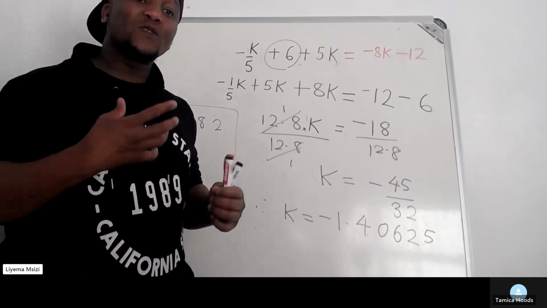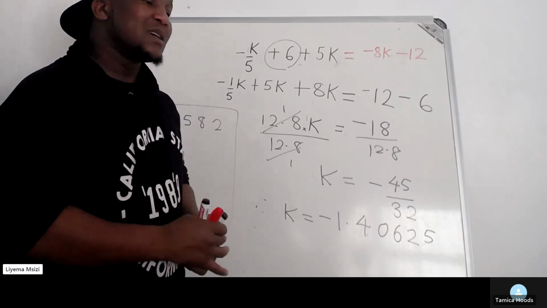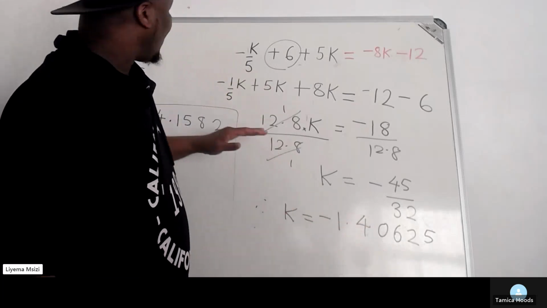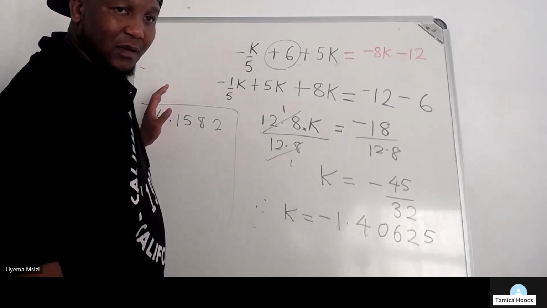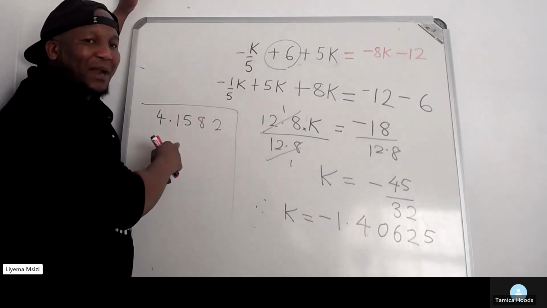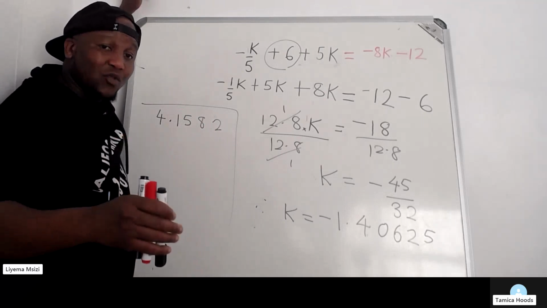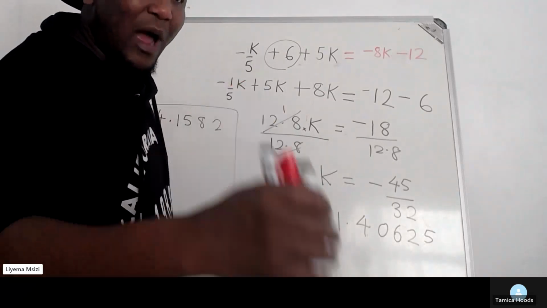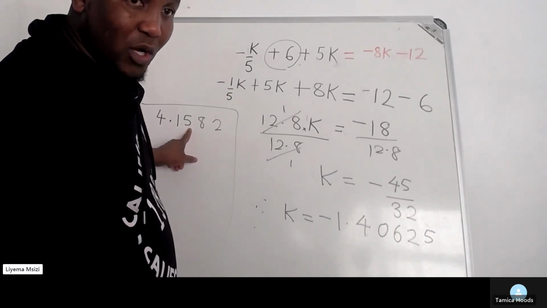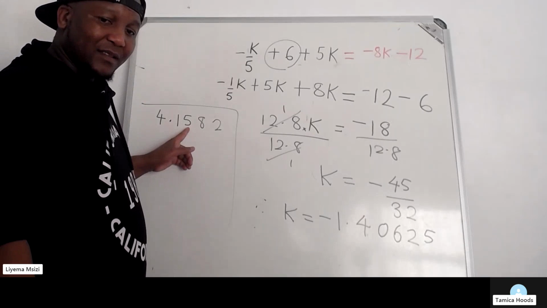Let's say you did your work and this is what we got. They tell you, hey, Tamika, round off to two decimal places.